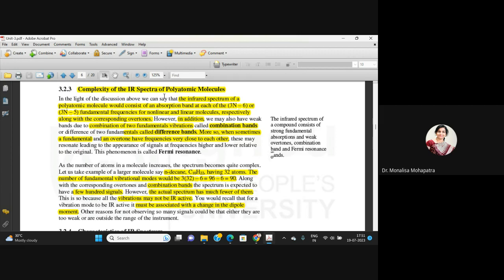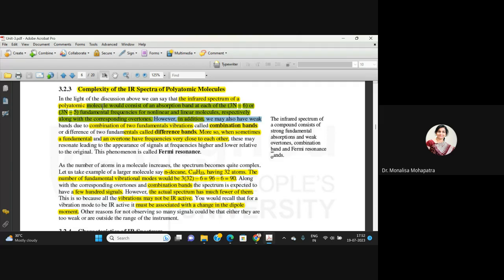The IR spectrum of a polyatomic molecule would consist of an absorption band at each of the 3n minus 6 or 3n minus 5 fundamental frequencies, for nonlinear and linear molecules respectively, along with the corresponding overtones.